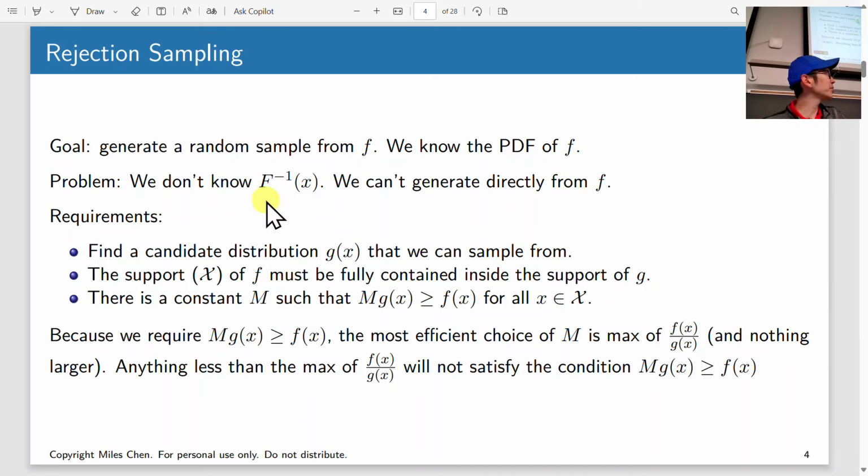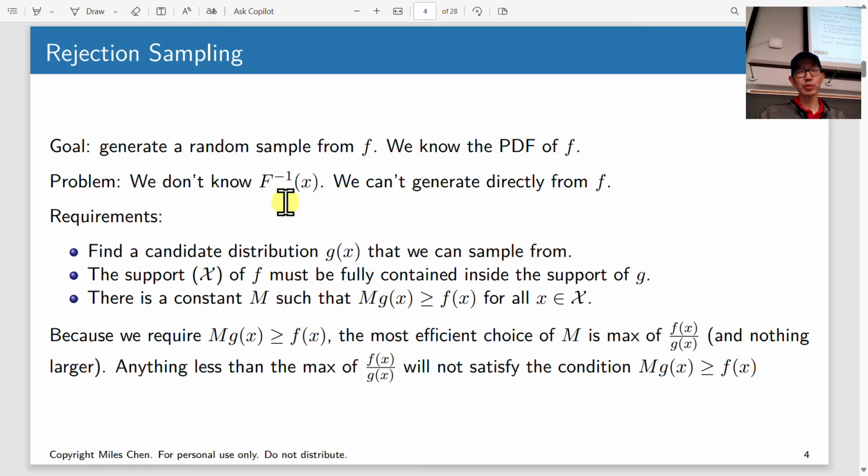The problem is we don't know the inverse CDF, so we can't use the inverse CDF method. If you know the inverse CDF, then it's a good method to use. But here's a situation where we don't know the inverse CDF, or it's too hard for us to work with it.